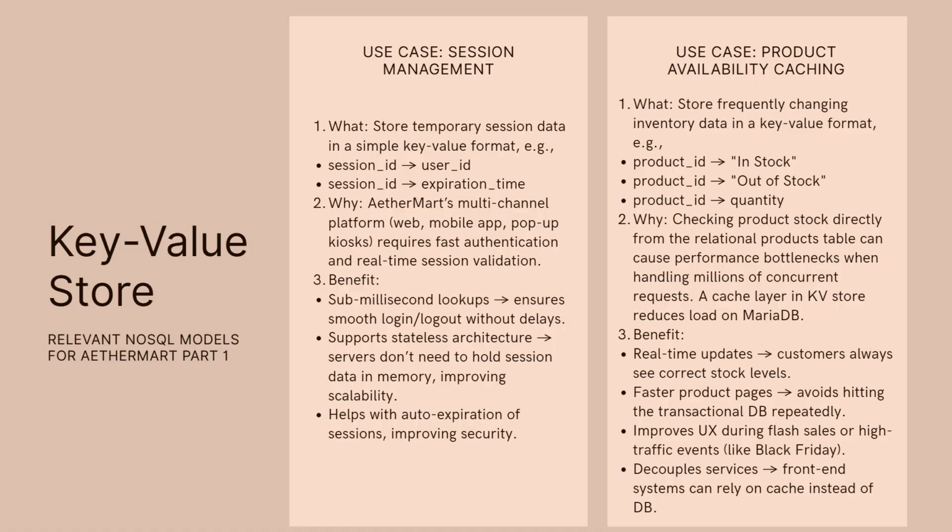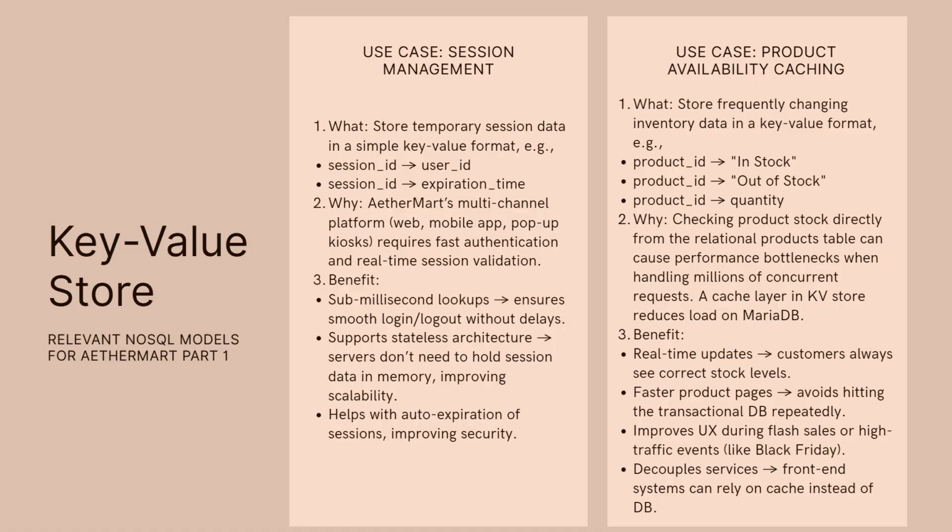In hash maps, we can just go to the key and at the same time find the value, right? So the lookups are fast. These are great for sessions and just something that we need quickly. These are some examples that I've given, like session management can be one use case.